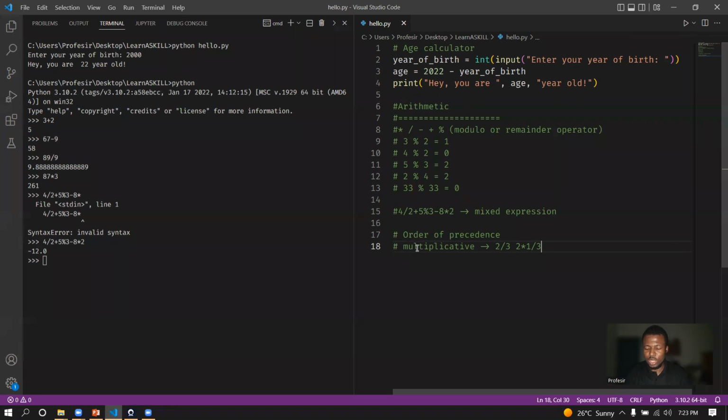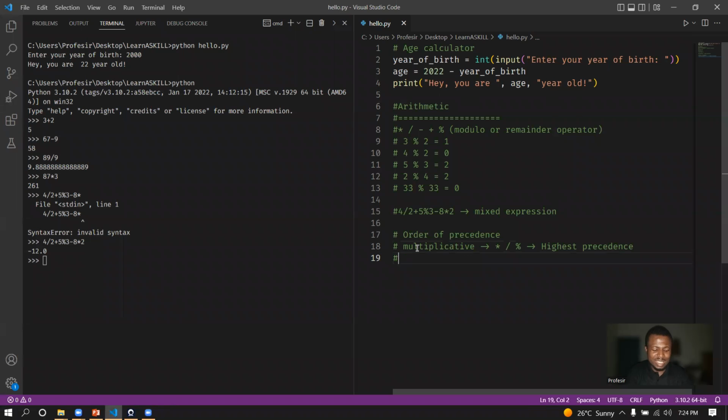Is that okay? So multiplication itself, division and modulo are all multiplicative operators. And anytime you have multiplicative operators, they have the highest precedence, in terms of the arithmetic operators.